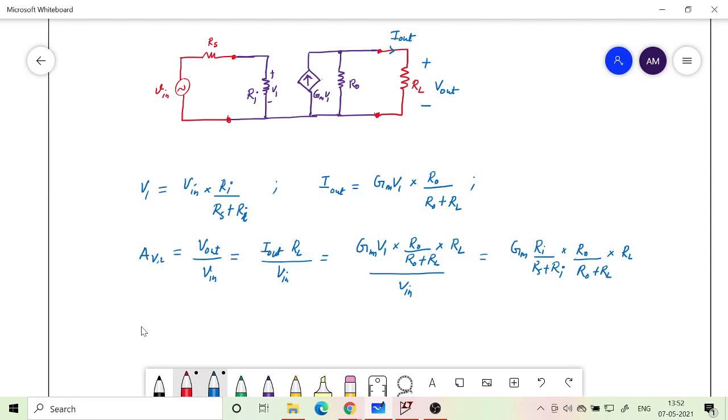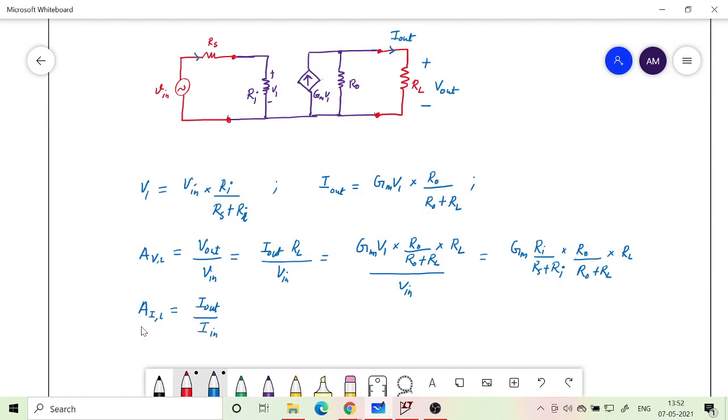So then what will be the AIL, the current gain? Okay, same thing. So AIL will be I out by I in. So where is I in?